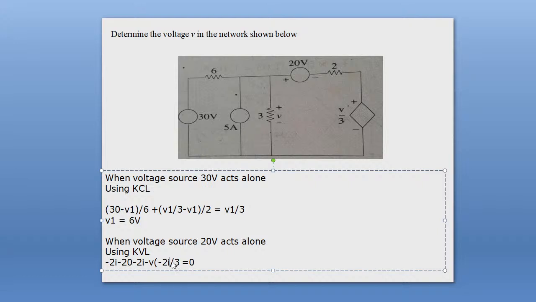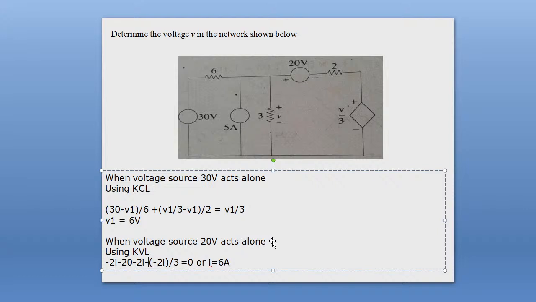And you solve it. So from this equation you will get the current value, I equal to 6 ampere. If you know the value of I, then you can calculate the V3 value. This is not V, you write 2I by 3, because V equals 2I.